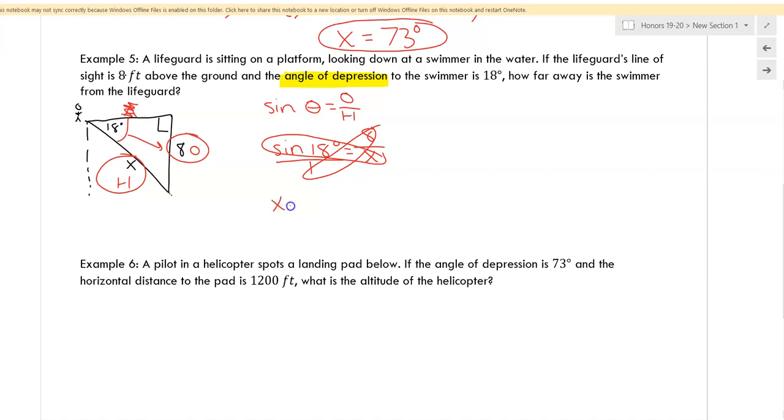So I have X times the sine of 18 equals 8. And then I have to divide. These cancel.